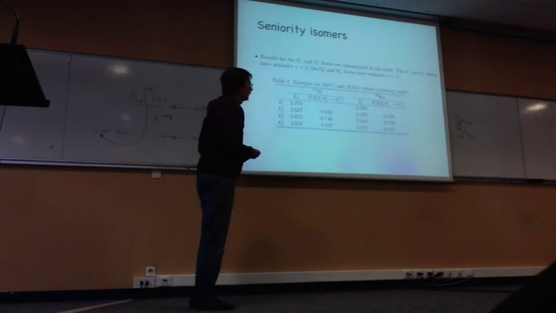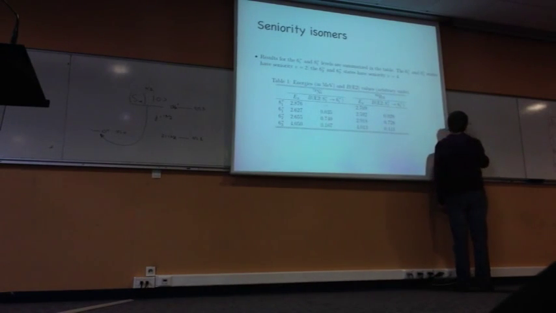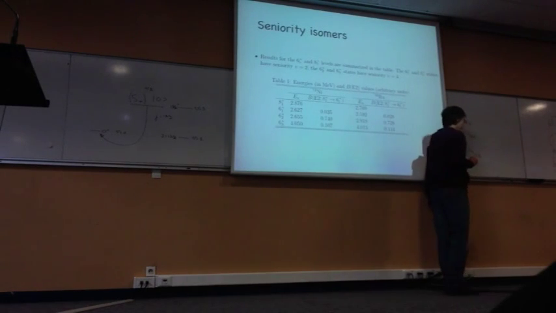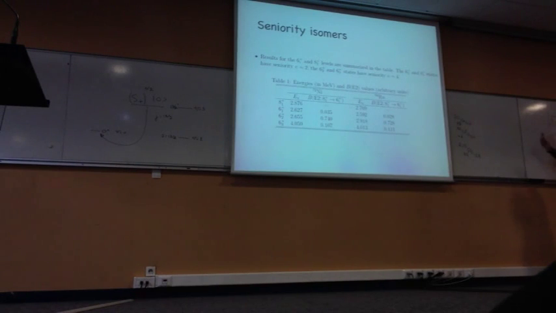You can do the same analysis, for instance, for lead isotopes. We discussed a lot about lead-210, so it's 82 and 128. So this is also 2 neutrons in the g9/2, the second g9/2.